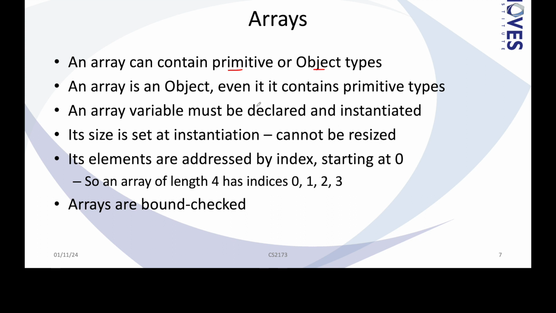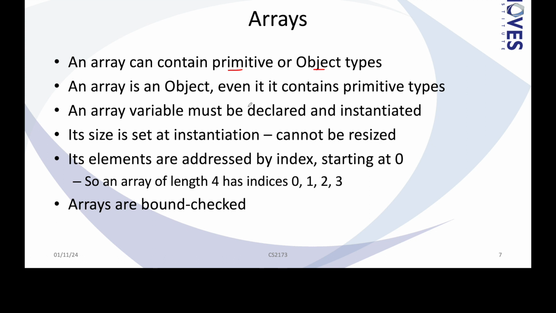Like with primitives, we have to declare a variable and then assign a value to the variable. We have to do the same thing with objects. We have to declare a variable to be a particular type of thing, and then assign a value to it.